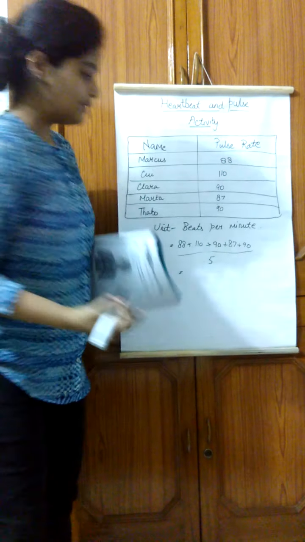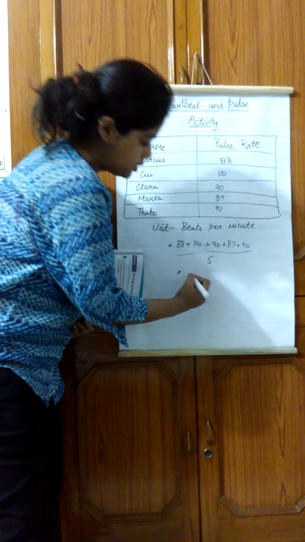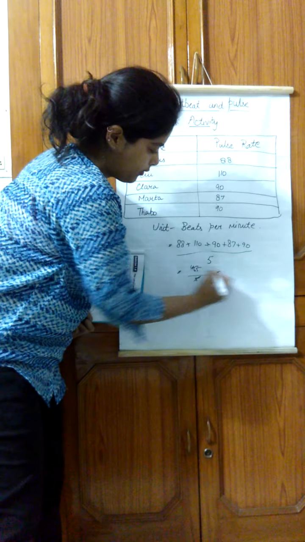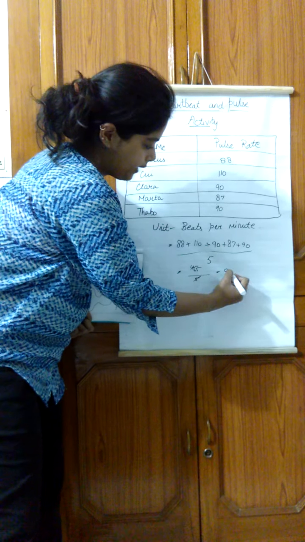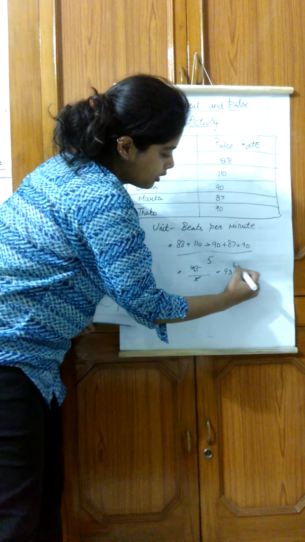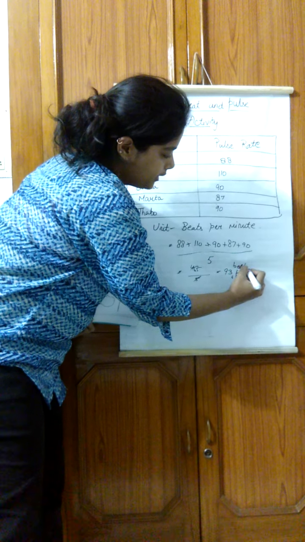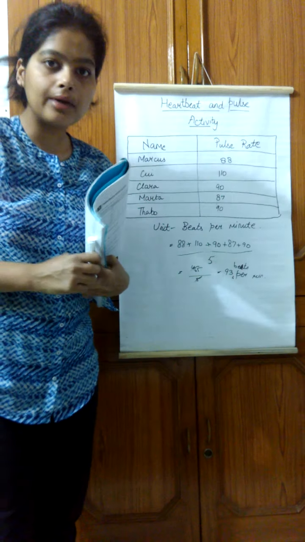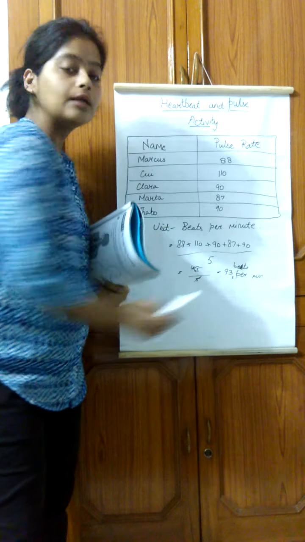If you add them, it will be around 465 by 5. So 9, 1 carry 3. It's 93 beats per minute over here. So we have calculated a mean or an average of all the pulse rates, which is coming as 93 beats per minute.